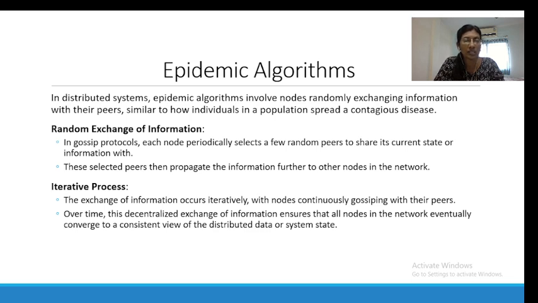These selected peers then propagate the information further to other nodes in the network. Iterative process. The exchange of information occurs iteratively with nodes continuously gossiping with their peers. Over time, this decentralized exchange of information ensures that all nodes in the network eventually converge to a consistent view of the distributed data or system state.